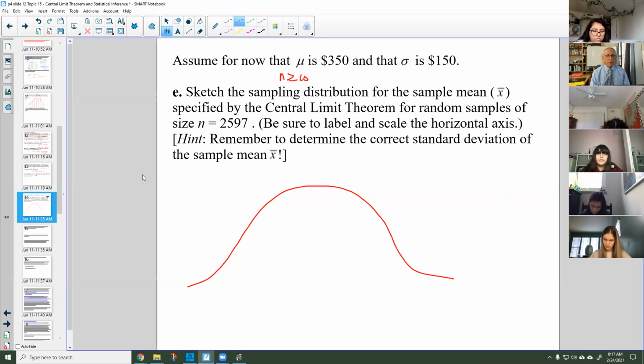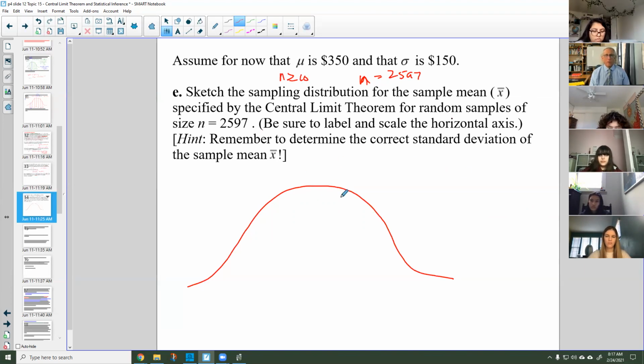Is everybody clear that my n is equal to 2597? That has to be very clear, right? That's my sample size. I took a survey of 2597 American adults. That's an N, not an A. Make that an N. That's better. That's my sample size. Well, that's certainly bigger than 10, so I'm pretty comfortable with that.